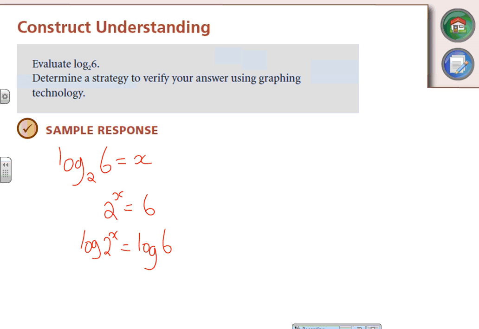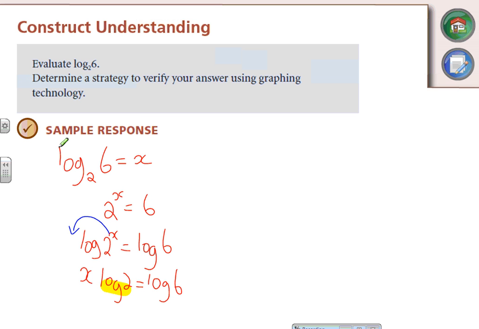Okay, we've got a rule that we can bring that exponent down for the logs. So now we've got x log of 2 equals log of 6. Log of 2, that is just some number. It is a special number. Just happens to go on and on and on forever.